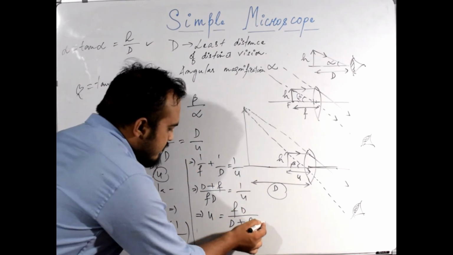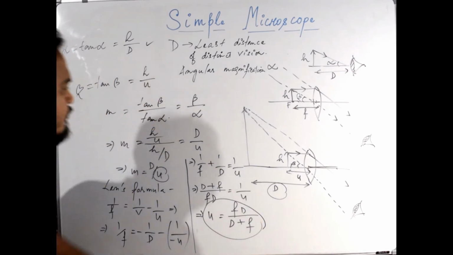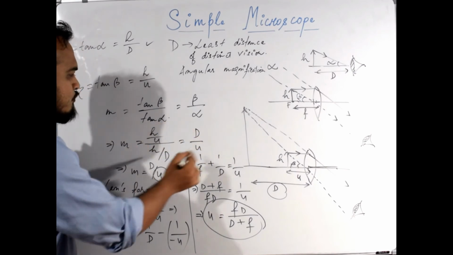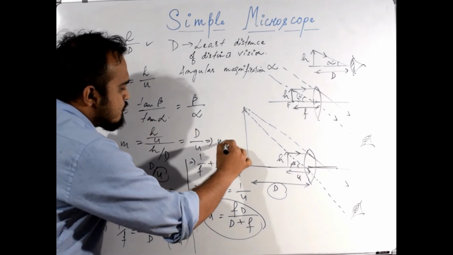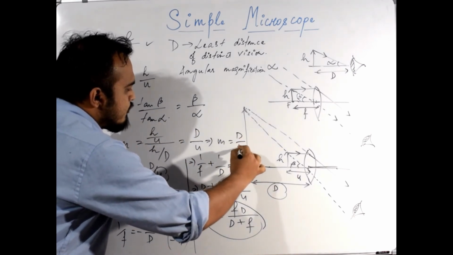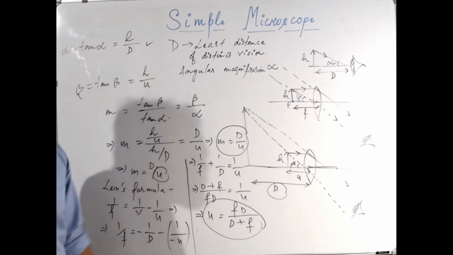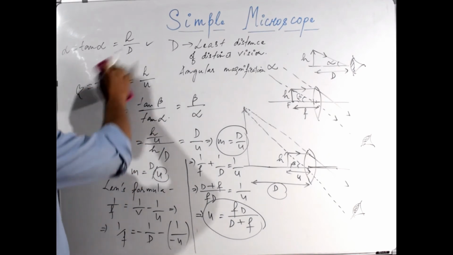So if we put this value of u in this equation, that is m is equal to d by u, what will we get? Let us see.